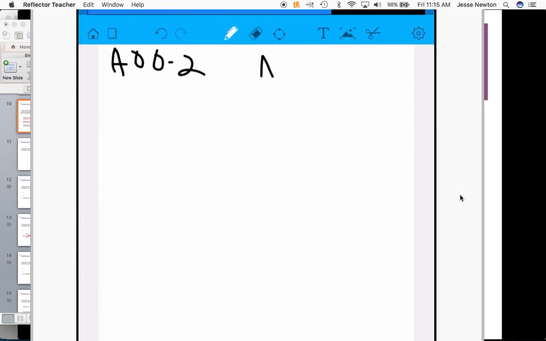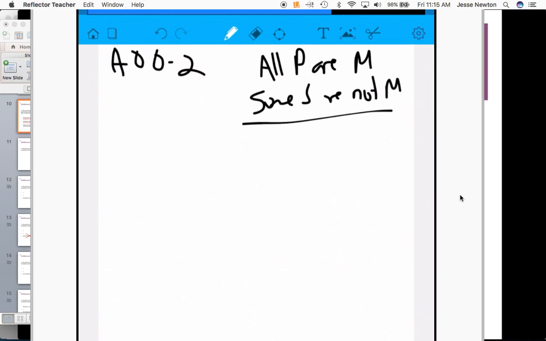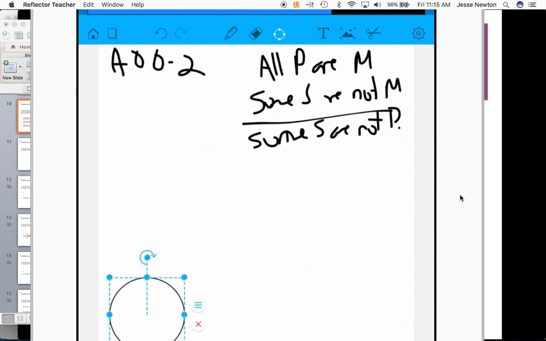So it's going to be all P are M, some S are not M, therefore some S are not P. Well, is this a valid argument? I don't know. It's hard to say, isn't it? Let's see.